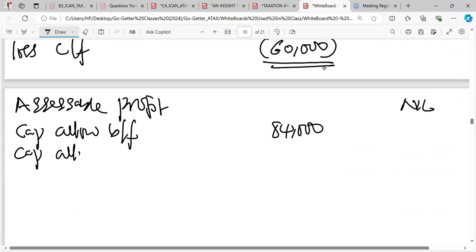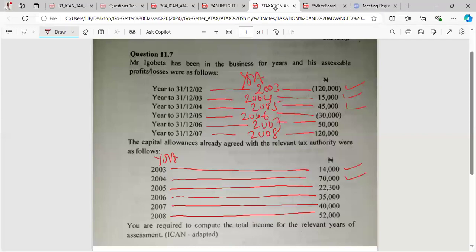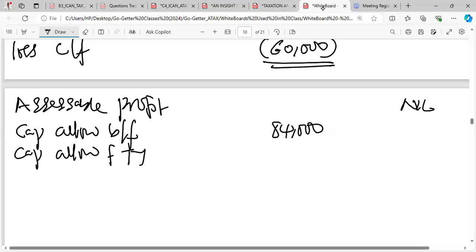Capital allowance for the year, 22,300. When you add them together, this will give me 106,300.